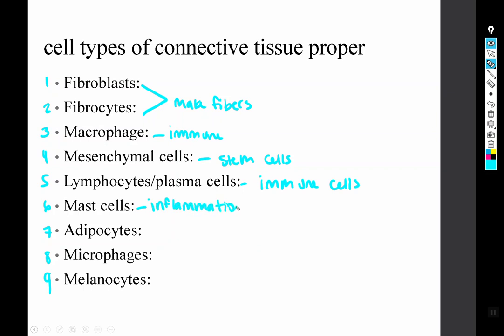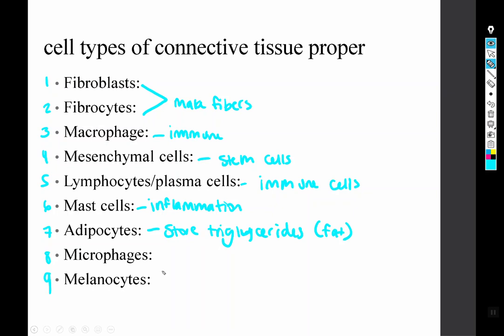So mast cells secrete histamine and heparin, which thin your blood and dilate your blood vessels during an inflammatory response. Adipocytes store triglycerides, which are fat cells.